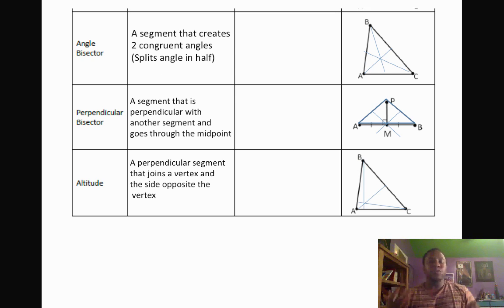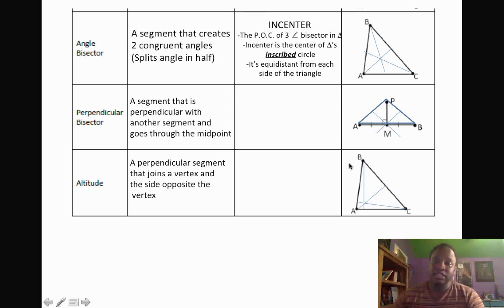So where the three angle bisectors meet, it is called the incenter. So this point would be the incenter. Okay, so it's the point of concurrency of three angle bisectors. Okay, and also the incenter is the center of the triangle's inscribed circle.